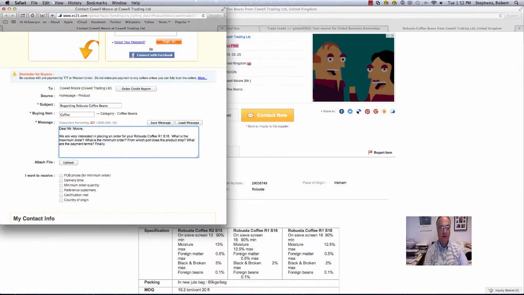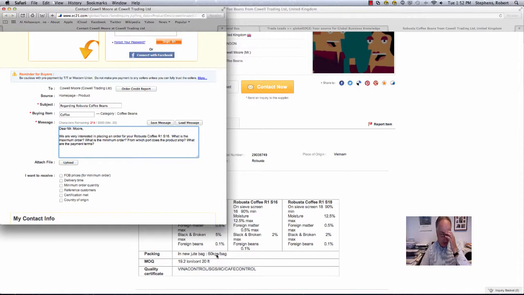Finally, well, that's good. That's fine. Oh, actually, if I look more closely, my questions are somewhat answered. Minimum order quantity, MOQ, is 19.2 tons per 20-foot container. So a 20-foot container is the minimum order quantity. So I can take that out. I know I have to buy at least one 20-foot container.